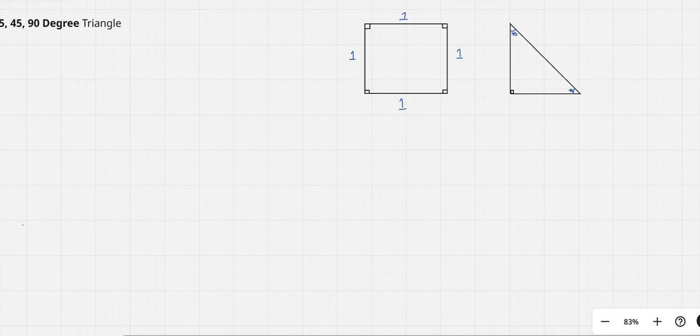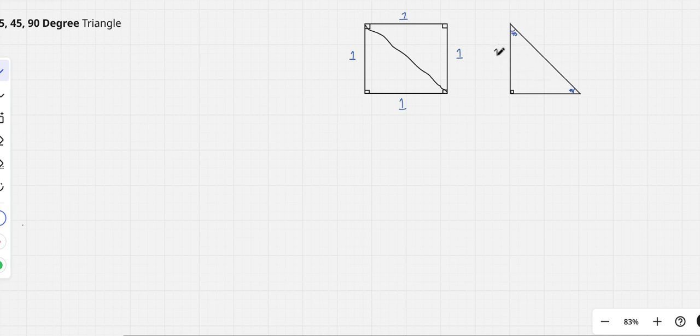Now, if we were to cut that square in half, right down the middle, we would get, use our imagination, this 45, 45, 90-degree triangle, because 90 divided by 2 is 45, right?